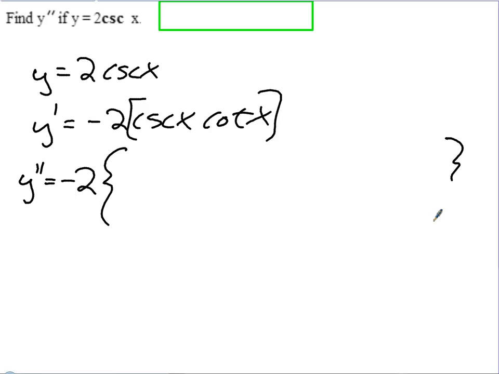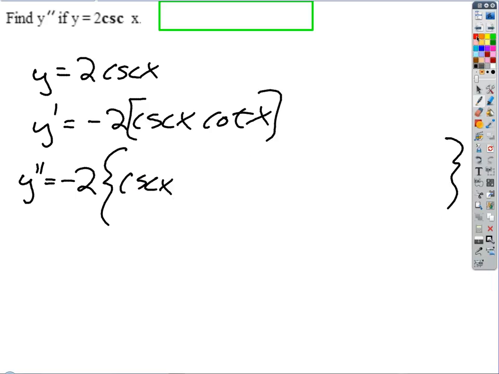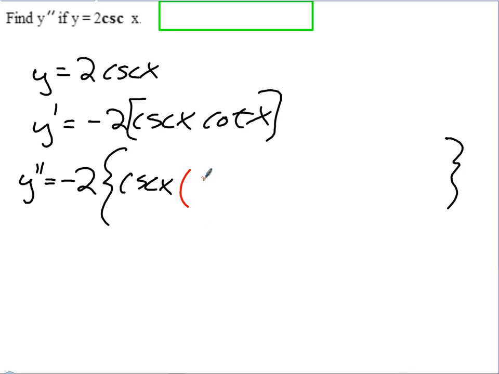This product, right? We've got 1 times the derivative of the other. What's the derivative of cotangent? Negative what? Cosecant squared. Okay. Remember, if you know tangent, you know cotangent.